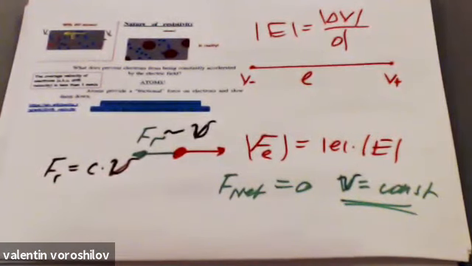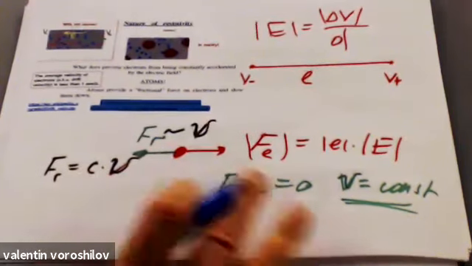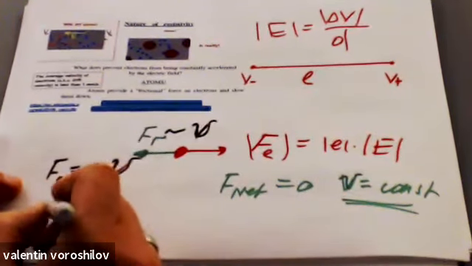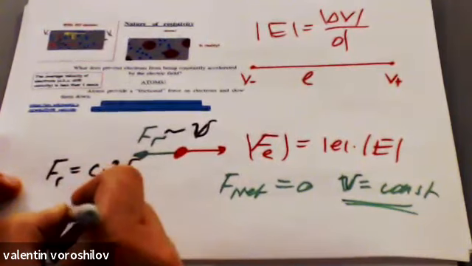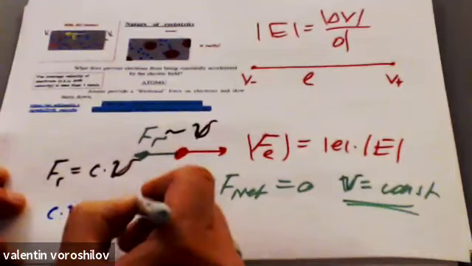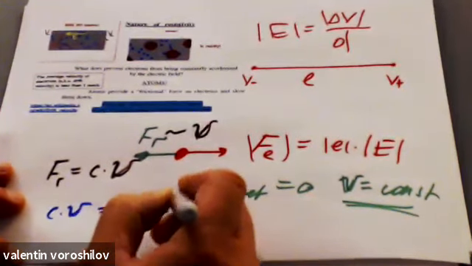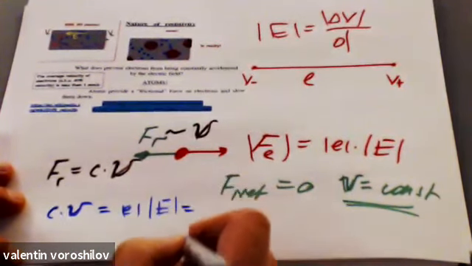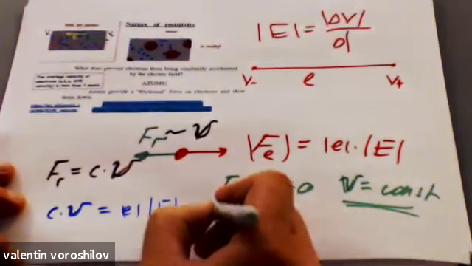Well, what does it mean? It means that when the net force on average is zero, velocity is supposed to be proportional to the electric field. Or that means it would be proportional to the potential difference.